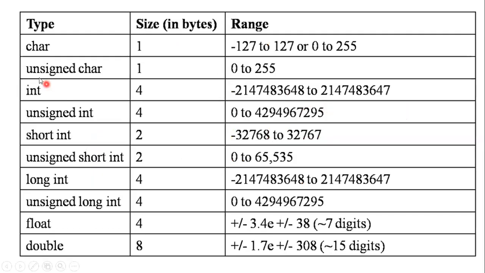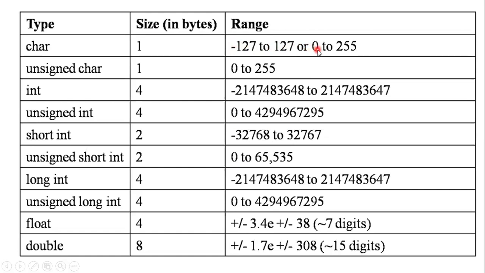So you see this table. How many bytes are required for each data type? The character data type occupies 1 byte, that is minus 128 to plus 127. If it is unsigned, it means there is no sign, there is no negative value.